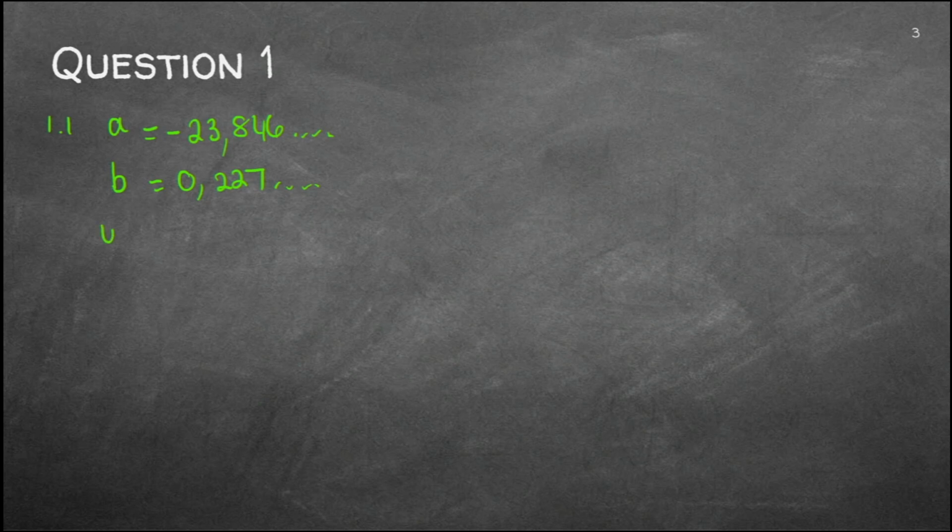So my equation would simply be negative 23,85 plus 0,2x. Let me just correct that and make it neater so it's more readable. It's negative 23,85, keeping to 2 decimals, plus 0,23x. And that is your equation.